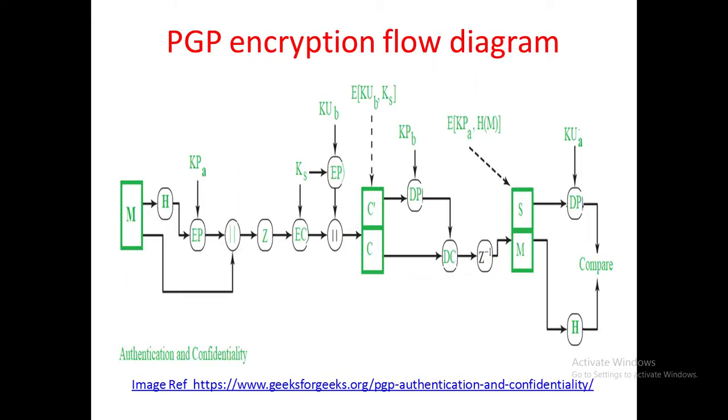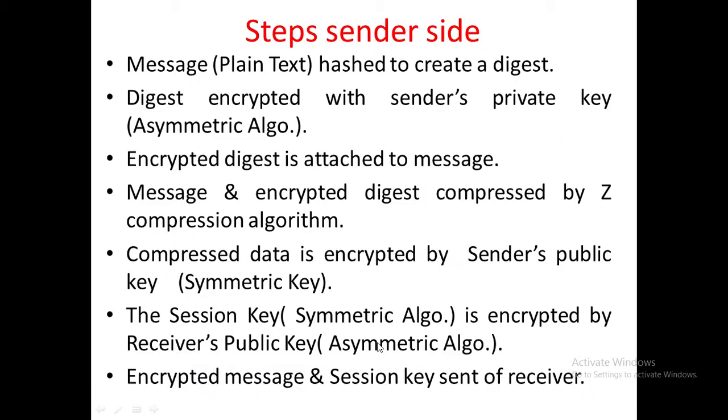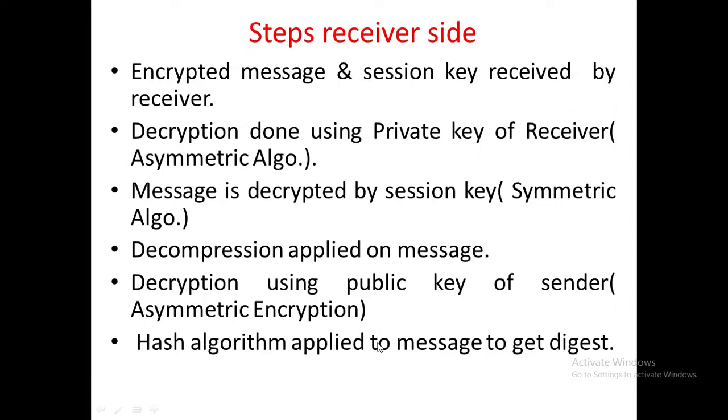Using the particular key he gets the session key, and then using that session key decryption is applied to the message. So this step is the decryption done using the private key of the receiver to get the secret session key which we created at the sender side.